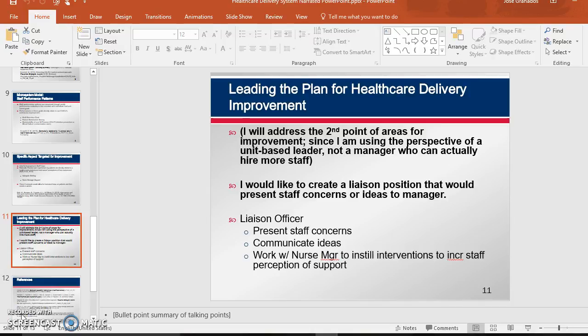My idea to present to staff was to create a liaison officer to act as a go-between for staff and manager, and help address concerns and present ideas, and work with the managers to help with the staff perception of their support.